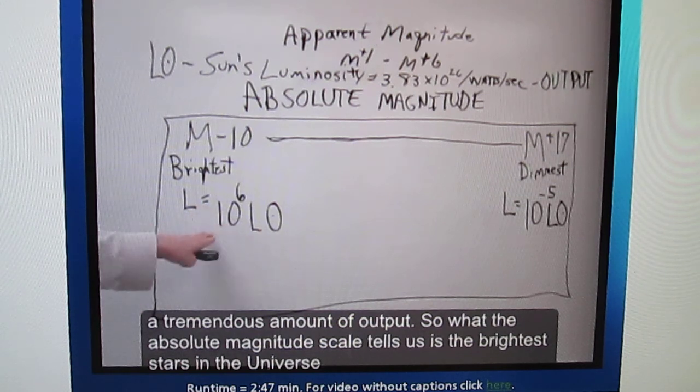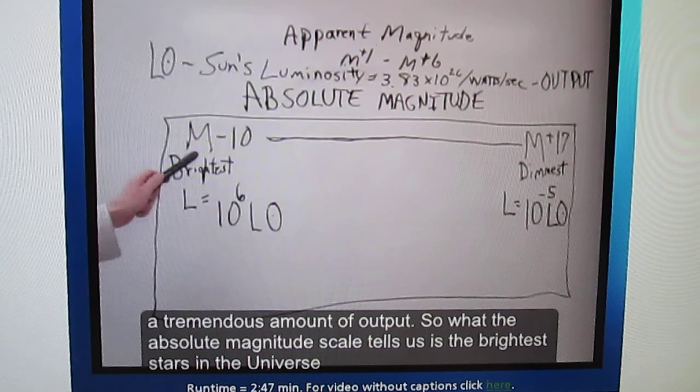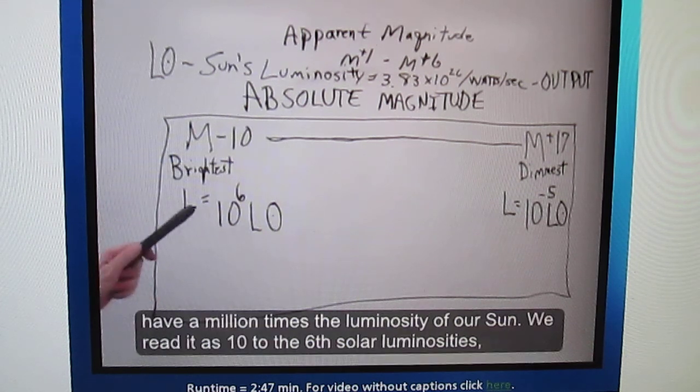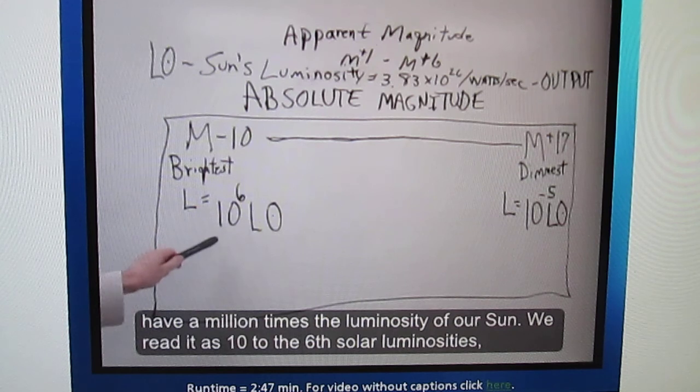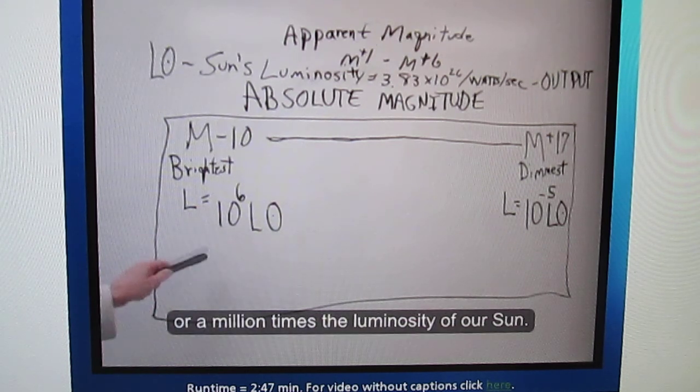So what the absolute magnitude scale tells us is the brightest stars in the universe have 1,000,000 times the luminosity of our sun. We read it as 10 to the 6 solar luminosities, or 1,000,000 times the luminosity of our sun.